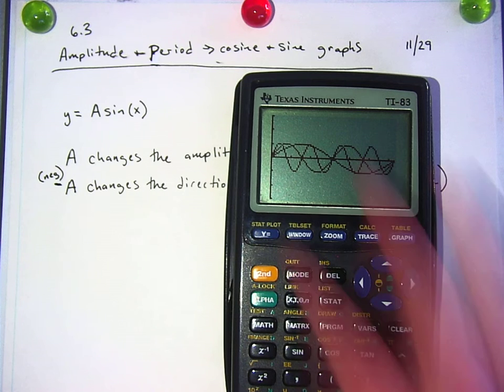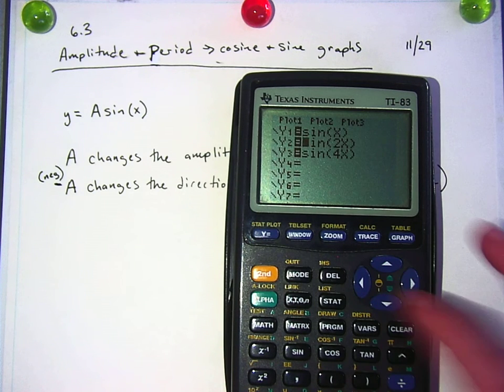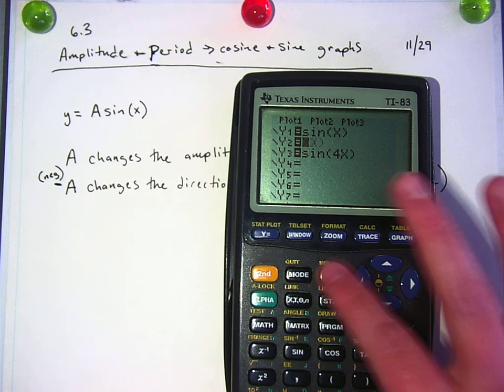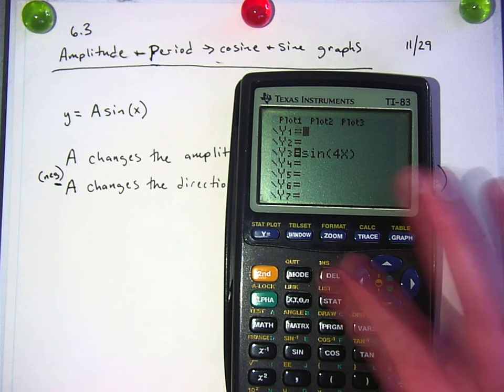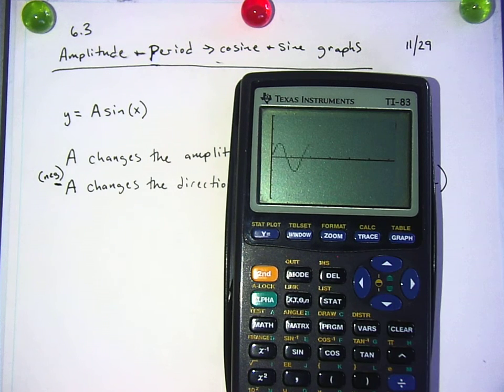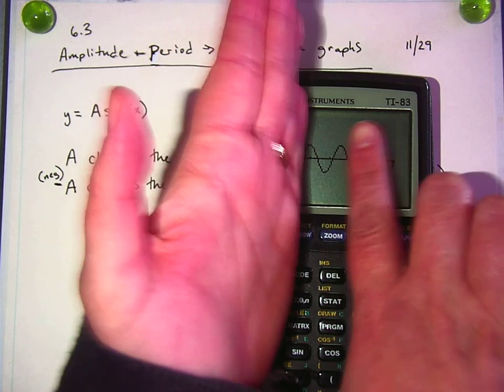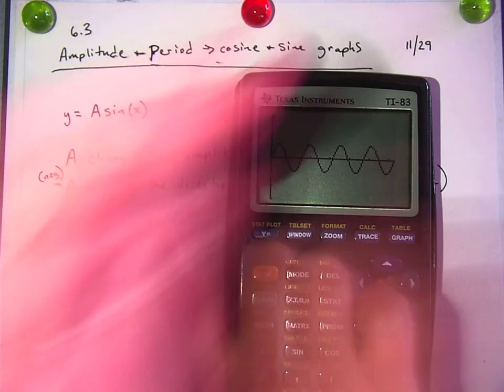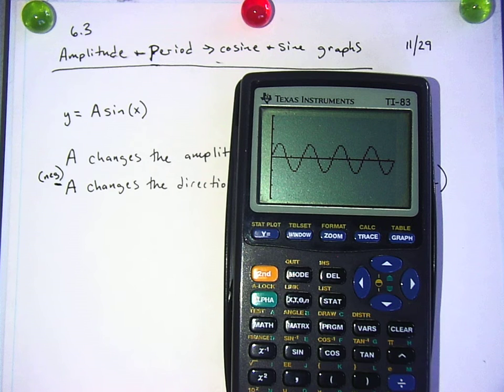And if that's too much for you to look at, just go back and get rid of something that you don't want to see anymore. So if it was 4 pi, there's 4 of them in 2 pi. And if it was 2 pi, there were 2 of them in there.